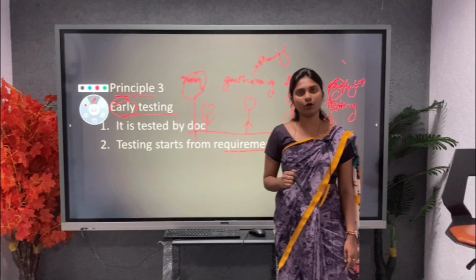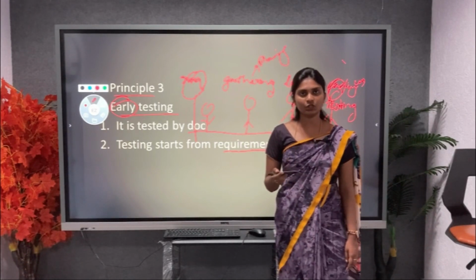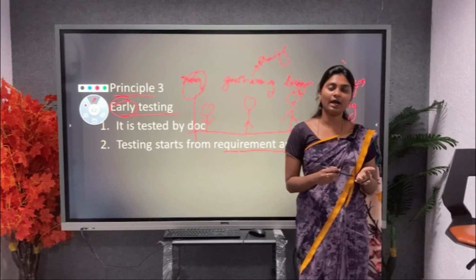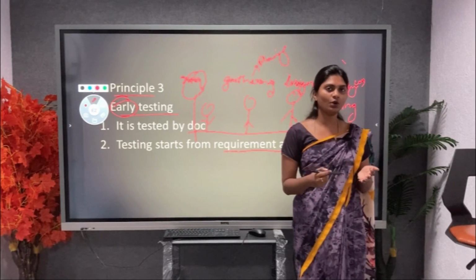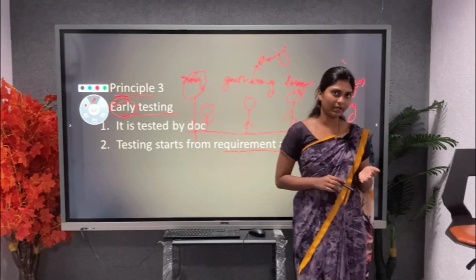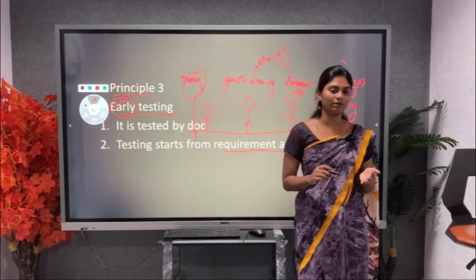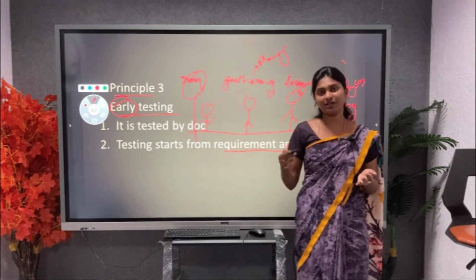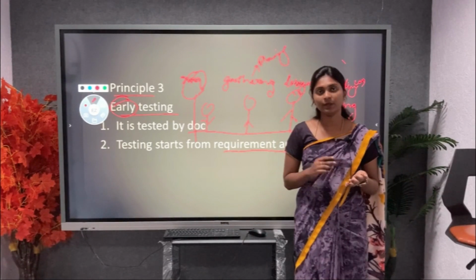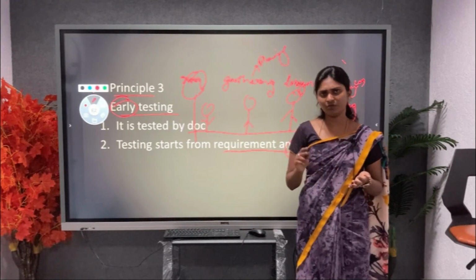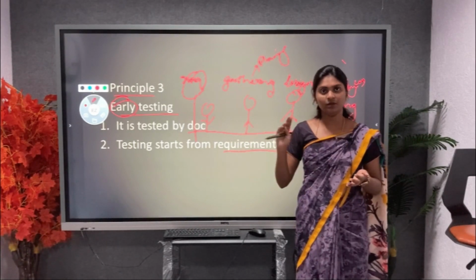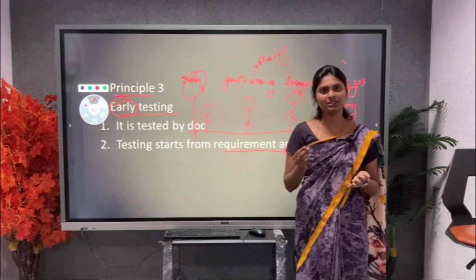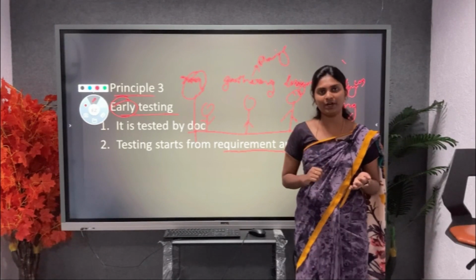First you show me the documentation. After the documentation only I will say whether any remarks or any changes are there. So after seeing the documentation, he will know what you are developing and what the different phases in the particular project are. So without directly seeing the project, we can see the documentation and judge where the particular bug is found.